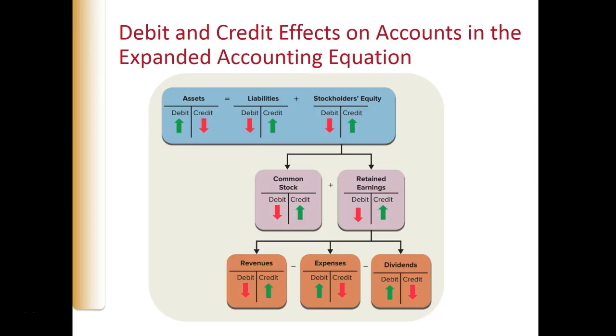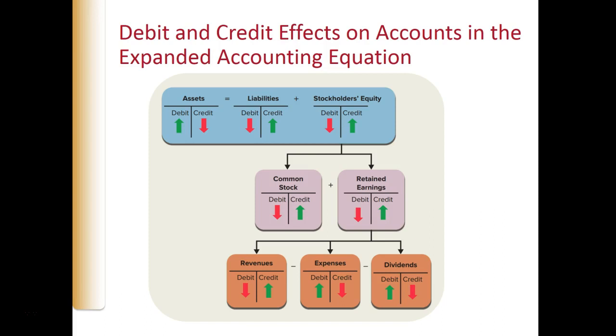So here is a really important slide I want you to look at during the week. I have the PowerPoint in the content section, and you can also look at this. So we know assets have a normal debit balance, which means to increase assets, we debit them.